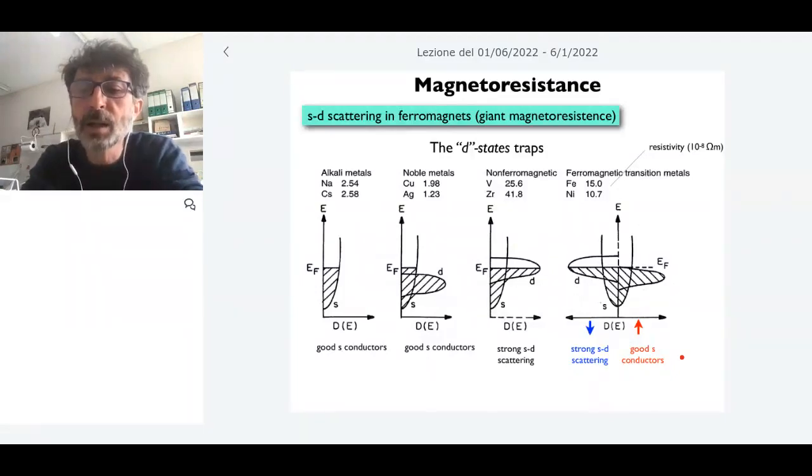So in ferromagnetic material, you have two parallel conductions, one for up electrons and one for down electrons. And this superposition creates the specific properties of ferromagnets. You have different, for example, mean free paths for up electrons and down electrons.